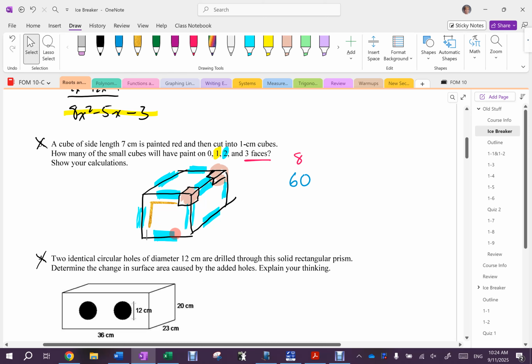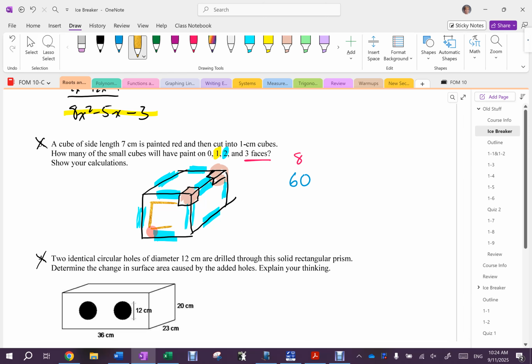How long is the blue line, kids? 5. So this is 5, and this is 5, right? So how many are in there if that's 5? 25. How many faces are on a cube? 6. So it was 25 times 6, which is 150. Agreed?